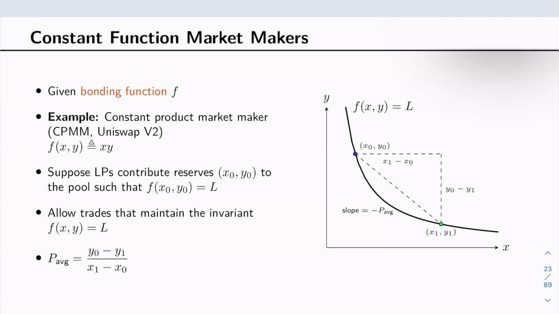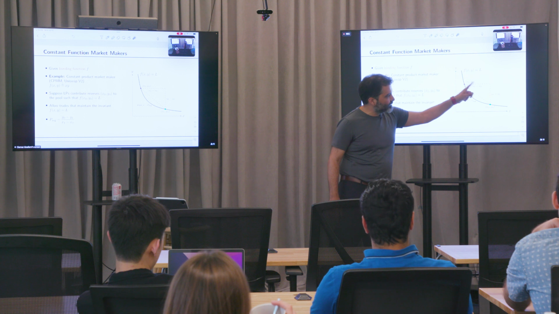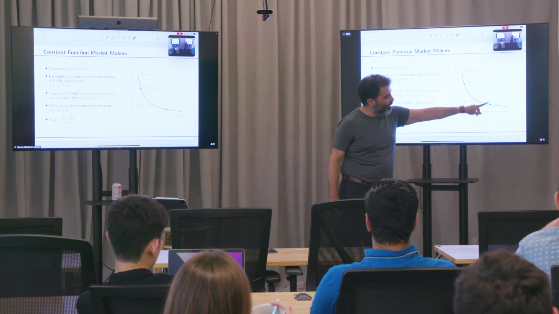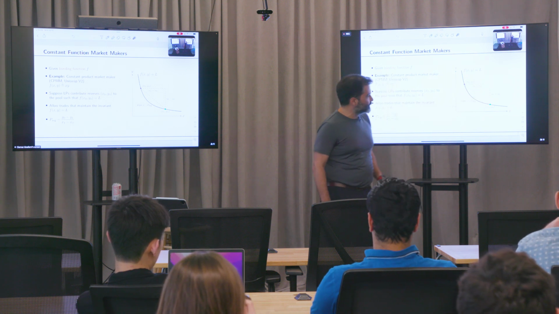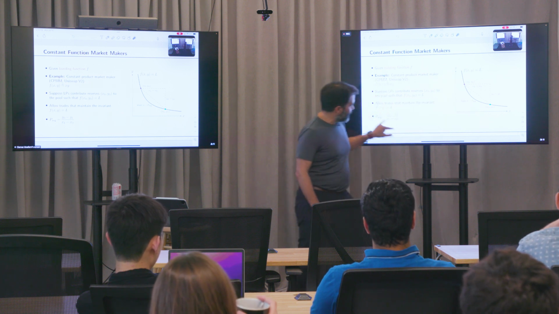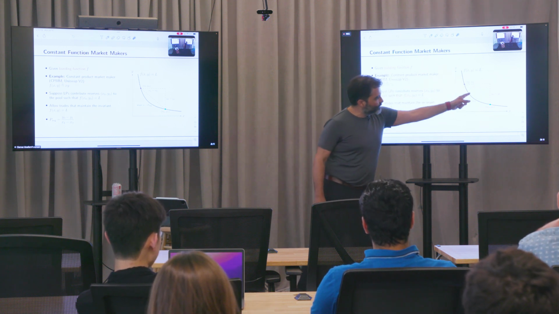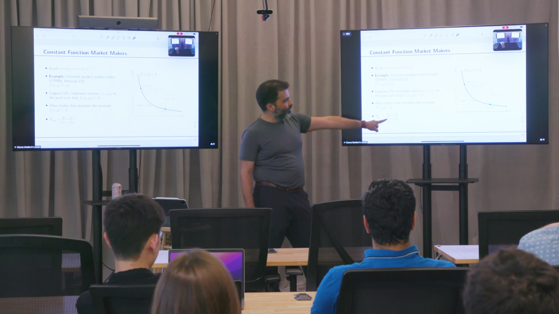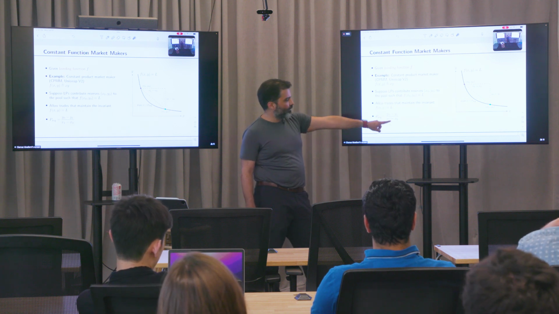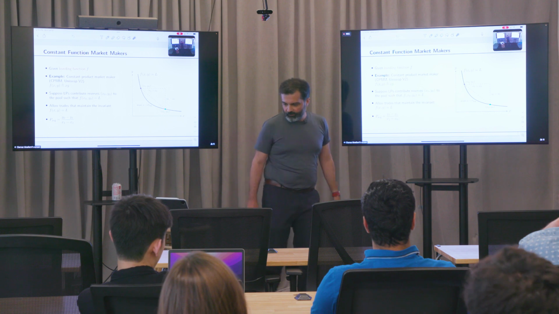So for example, over here, if we start at the purple dot and a user moves us over to the green dot over here, what they are doing is they are withdrawing the cash asset and contributing the risky asset. So this is somebody selling ETH to the pool and getting this quantity of USD in return. So the average price they pay is going to be simply the ratio of those two, or the slope of that line in the triangle. That's how the mechanism works.